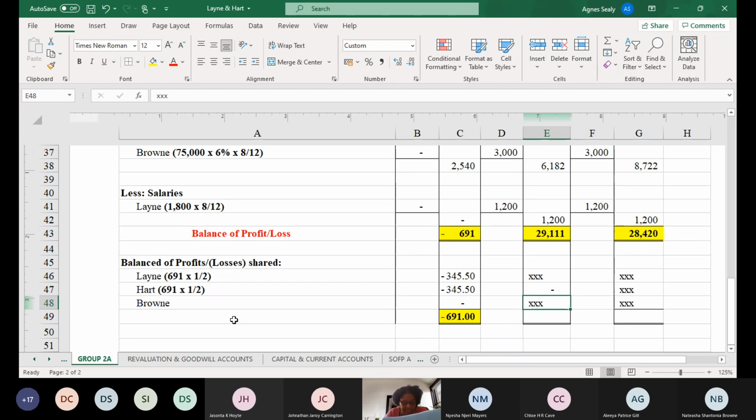Note 1 states Layne will be entitled to a salary at a rate of $1,800 a year, and Brown will be guaranteed a profit of $24,000 a year.